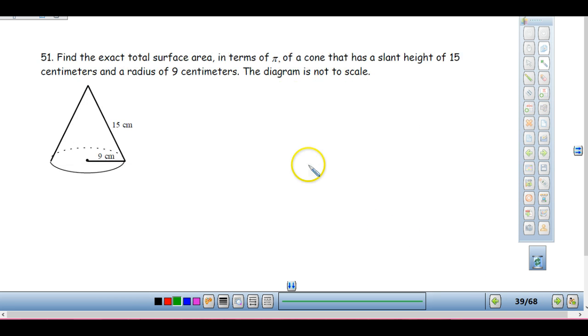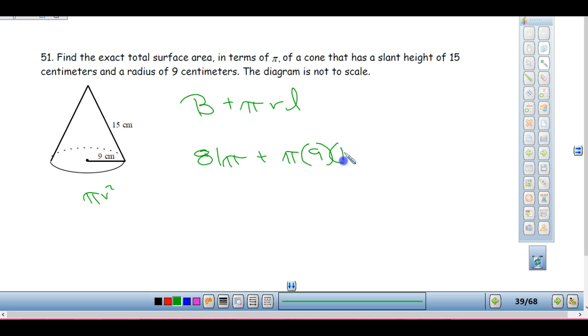Okay. And now we have a cone, so now we have to deal with pi. Always have to include pi. Surface area of a cone is a little bit different. It's going to be the area of your base plus pi times your radius times your slant height. So in this case, area of my base, again, pi r squared, so 81 pi plus pi times my radius is 9 times my slant height is 15.